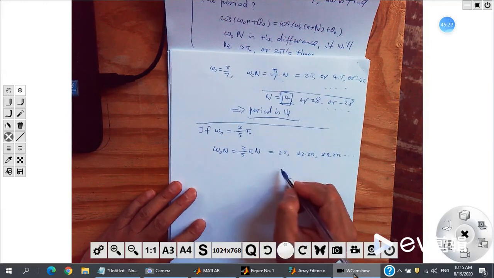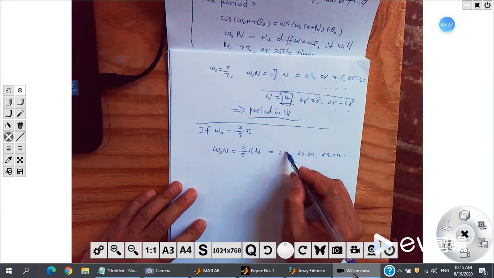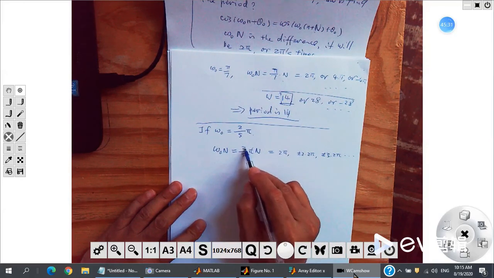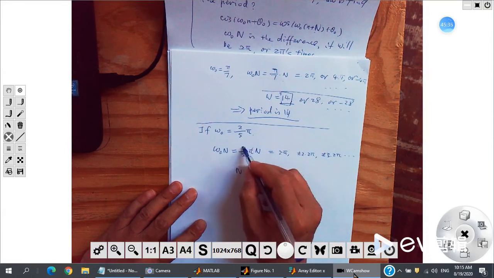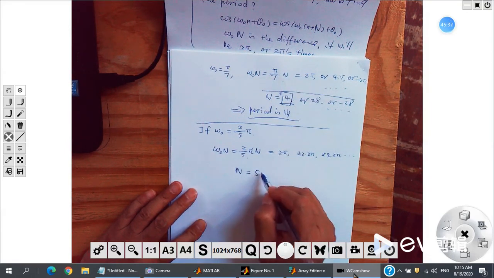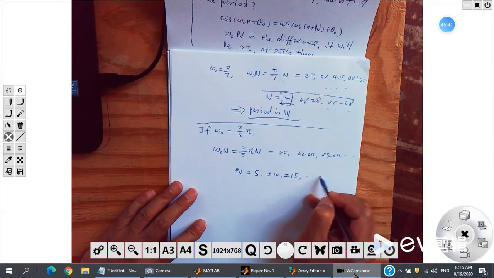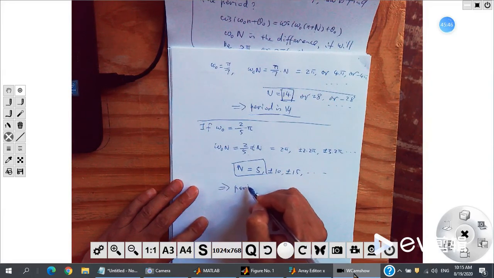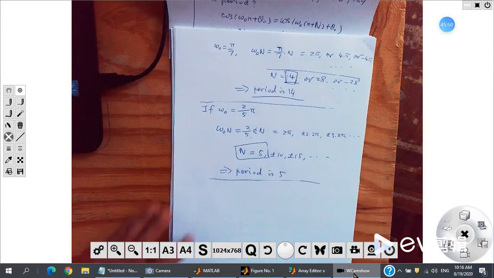Then we do some calculation. We cancel all the pi's and move 5 to the other side. We also cancel the 2. So n equals 5, positive or negative 10, positive or negative 15, and so on. So you can get 5 as the period.